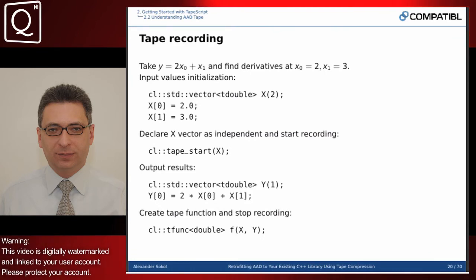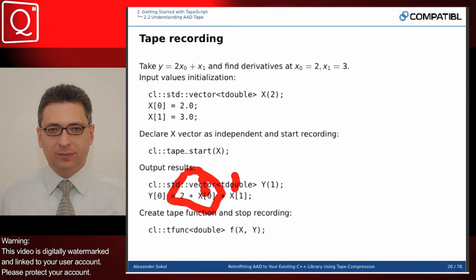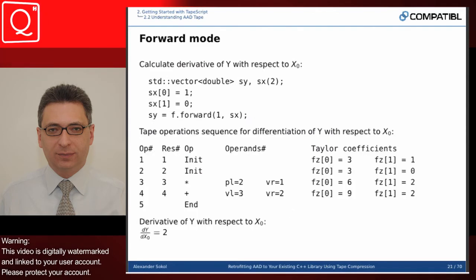My apologies, I was pointing with a pointer, but you probably cannot see it. So initializing this first, then the second, then you're multiplying these two things, and then you're adding everything together. This is the sequence of operations on this slide.